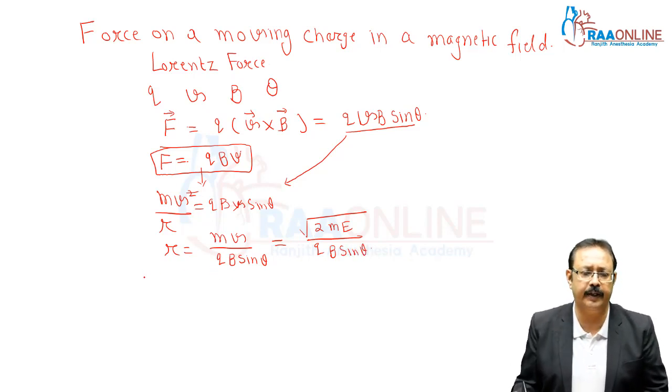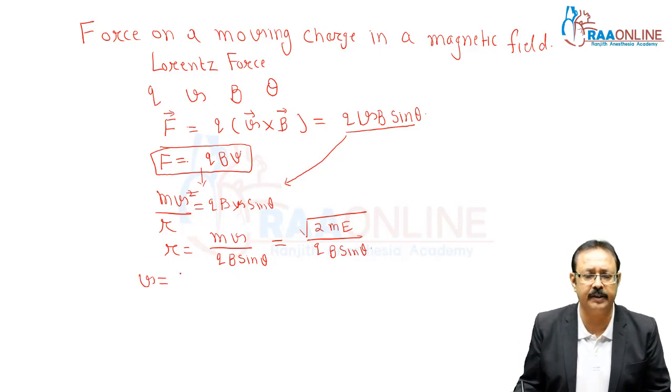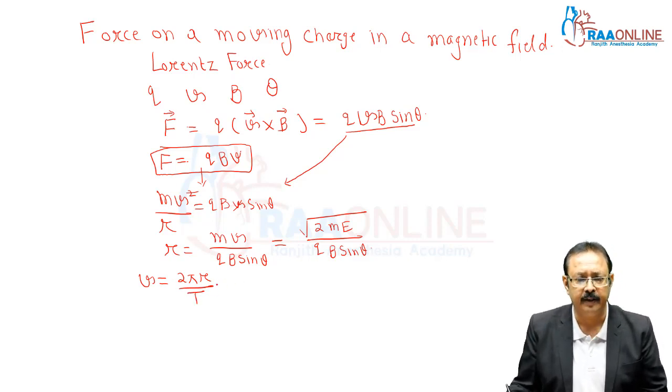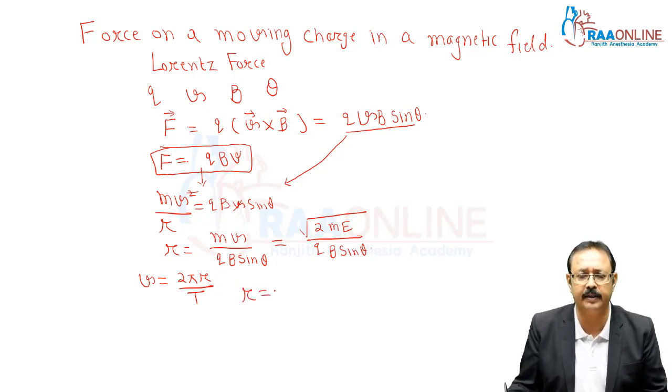Also you can do one thing, velocity you can get from 2 pi r by T. If the particle takes T seconds to complete one circle, its time period is T. Then you get r equals m into 2 pi r divided by T qB sine theta.